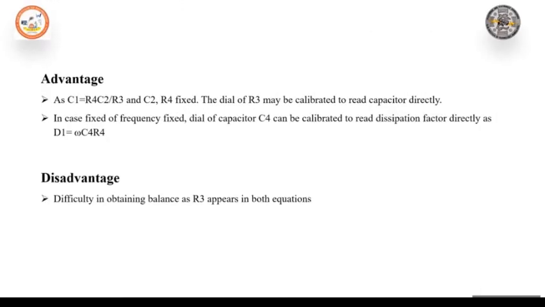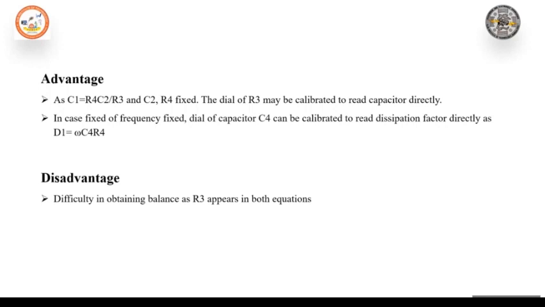So what are the advantages? As C1 is equal to R4 C2 by R3, and C2 and R4 are fixed, the dial of R3 may be calibrated to read the capacitance directly. This is one of the advantages. Suppose for a fixed frequency, the dial of capacitor C4 can be calibrated to read the dissipation factor directly, as D1 is equal to omega C4 R4.